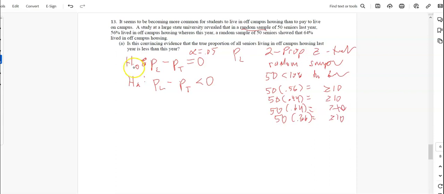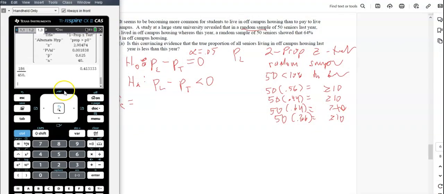We're ready to go. Okay, then you're going to do p hat. In this case, you want p hat common, so you want to get the number here. I'm going to use the calculator to calculate that. I think the first one is 0.56, so 50 times 0.56 and 50 times 0.64. So 28 and 32.